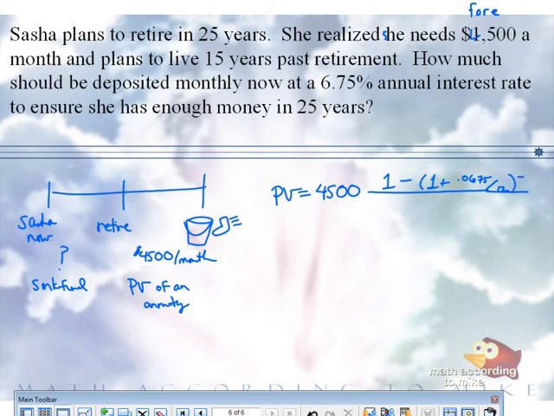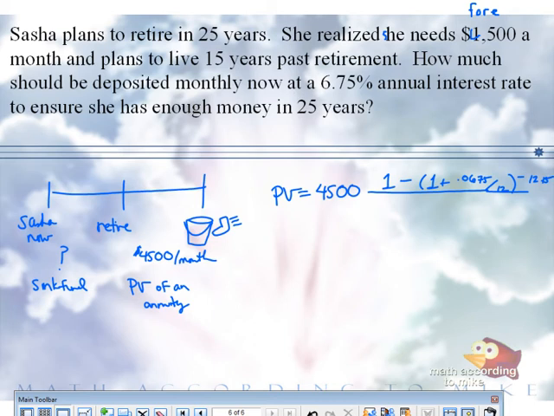We're doing this 12 times a year for how many years? 15. So that exponent is negative 12 times 15.